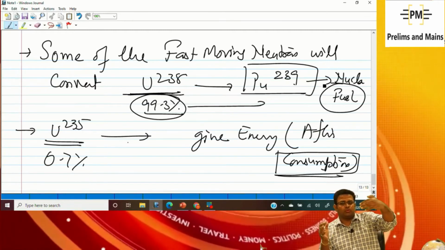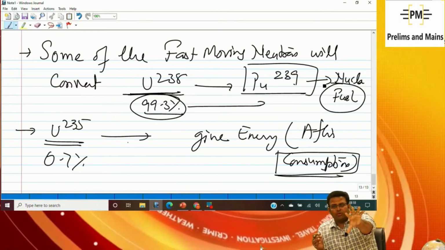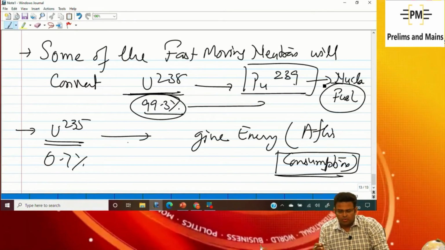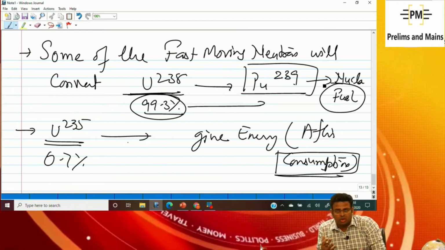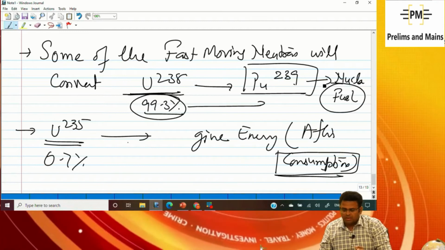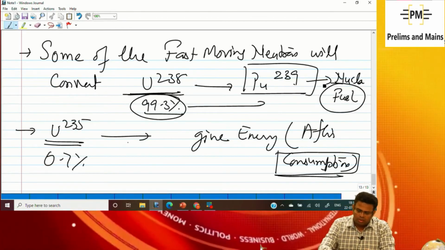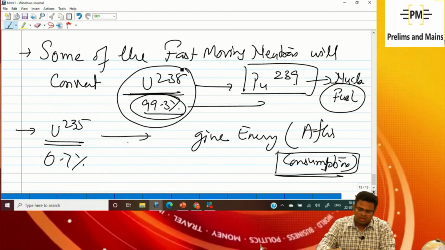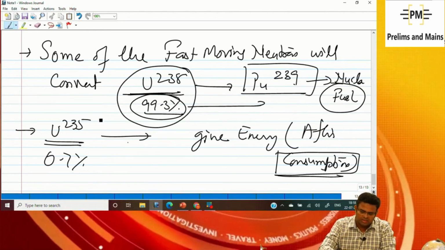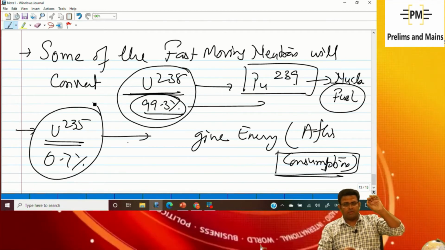Again I am talking to you, listen to me very carefully. Nuclear fuel, here it is. This nuclear fuel, plutonium-239, is fissionable. My question will be next, and you have to answer everyone. Now tell me, in natural uranium, uranium-238 is higher or uranium-235? Fast, everyone.